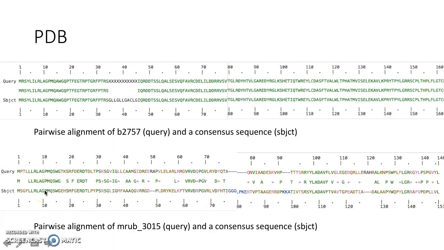Going back down here to Myothermus ruber, mRub 3015 is our query sequence, and the computer-generated subject sequence is this line here. The E-value for this sequence was 4.2 times 10 to the negative 21, which is still fairly low. However, we can see that not a lot of amino acids are the same.